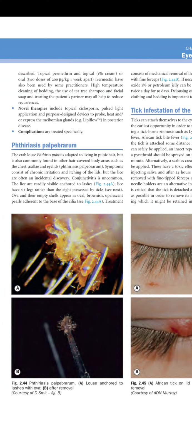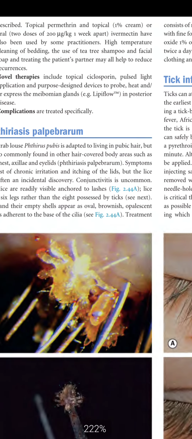Now we are going to discuss phthiriasis palpebrarum. Palpebrarum refers to the eyelids, and this involves lice that affect the eyelashes.